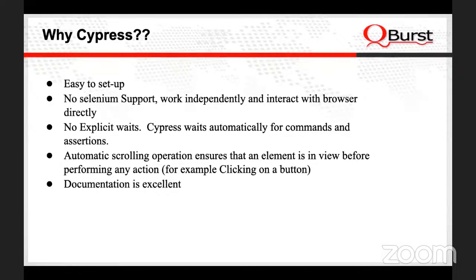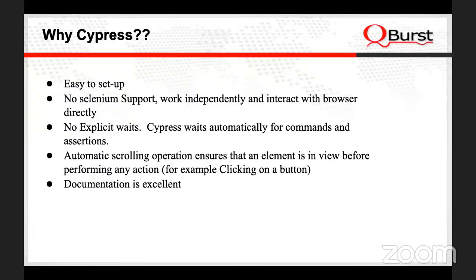So we may have to provide explicit waits, Thread.sleep, or browser.setSpeed methods to handle these waits, right? Here in Cypress, it comes already baked in. So Cypress waits automatically for commands and assertions. So less headache for us.